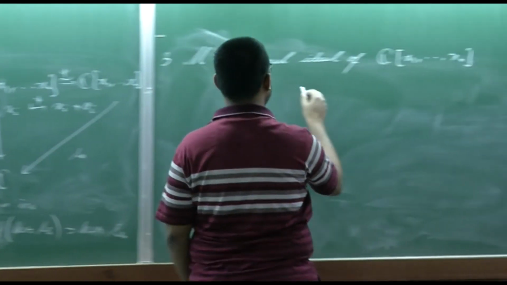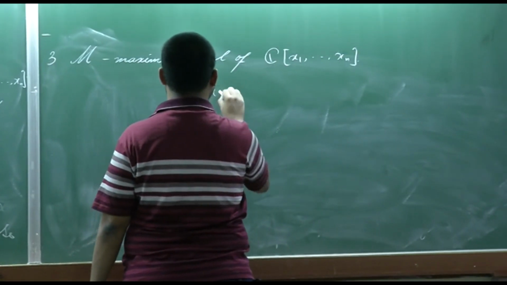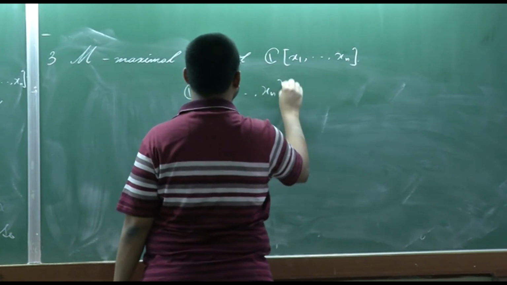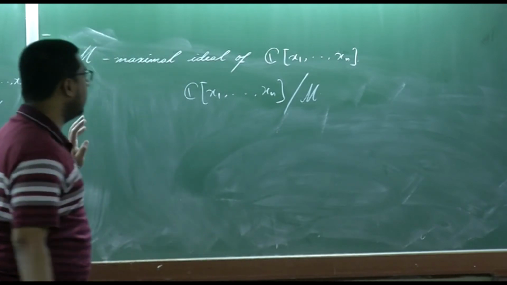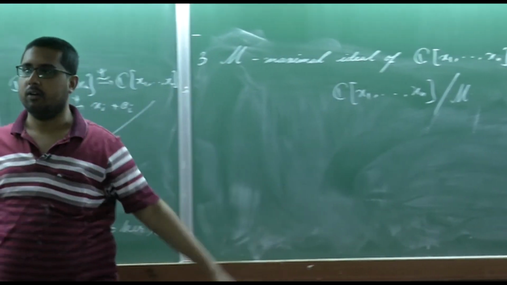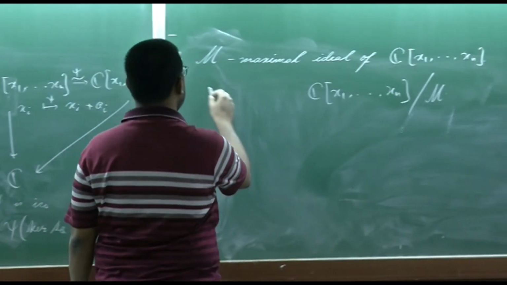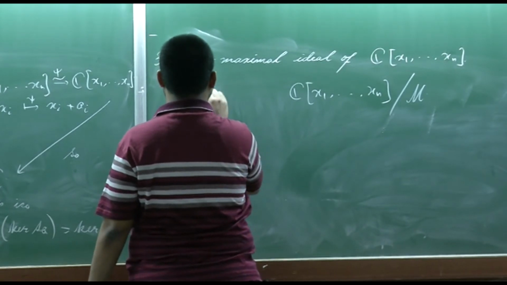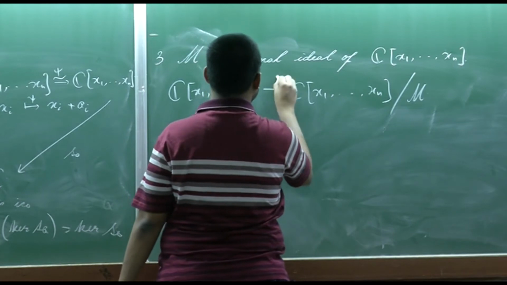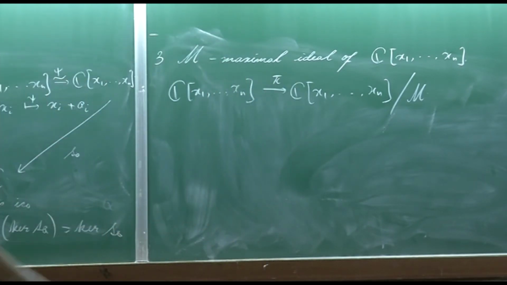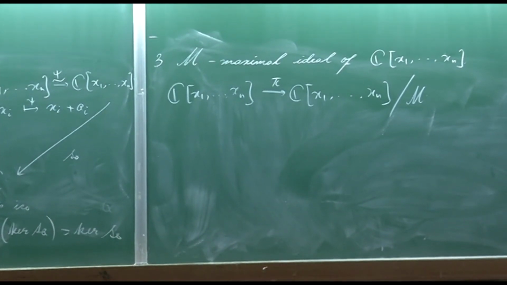The way we will prove this is the following. We first consider the quotient ring. Since this is a maximal ideal, this is going to be a field, and we do have the canonical projection map. This is just the projection map.